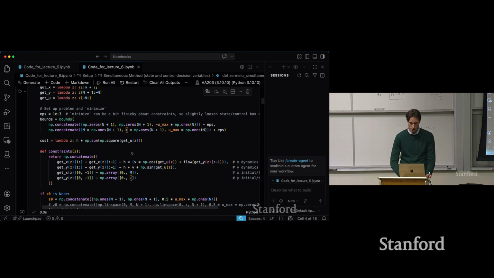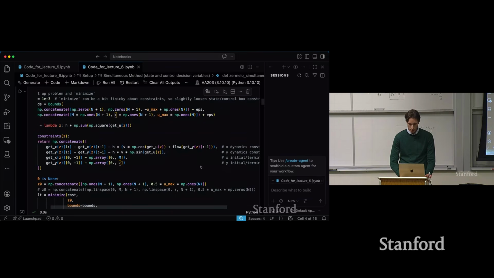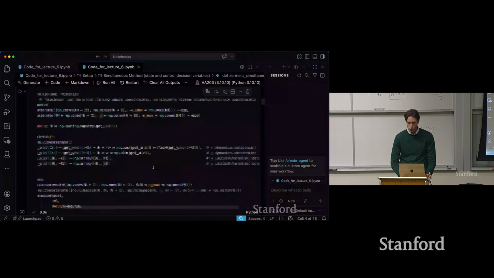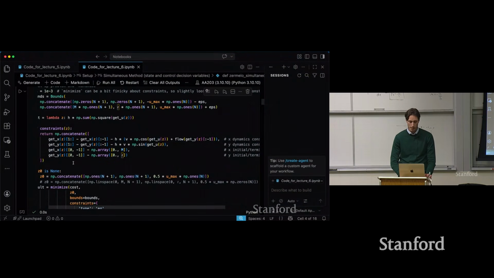And then we define our constraints, specifically our dynamics on the x variable, such that the states x I plus 1 are equal to xi plus h times our dynamics. Same thing for the y. So y I plus 1 is equal to yi plus our flow dynamics. And then we have the initial and terminal constraints, right? So we basically say that the first variables of both x and y have to be equal to 0 and the final ones equal to M or L, respectively.